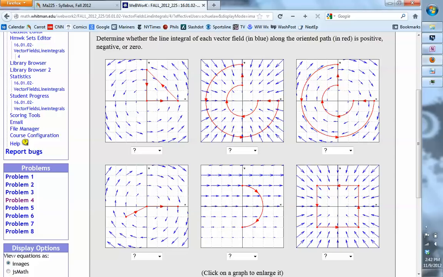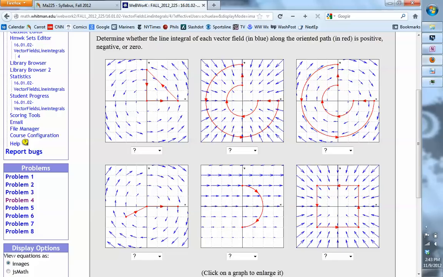What do you think? 0, because it looks like these arcs contribute nothing and these segments cancel. Let's keep going. The arcs again contribute nothing. Oh, sorry, the arcs now contribute stuff. The arcs are positive. And these are across, so what do you say?